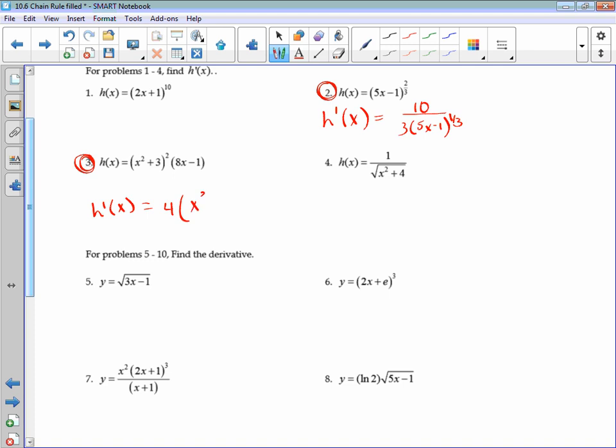4 times x squared plus 3 times 10x squared minus x plus 6. It's product. You use the chain rule to find the derivative of the first piece of the product, but it's product rule.